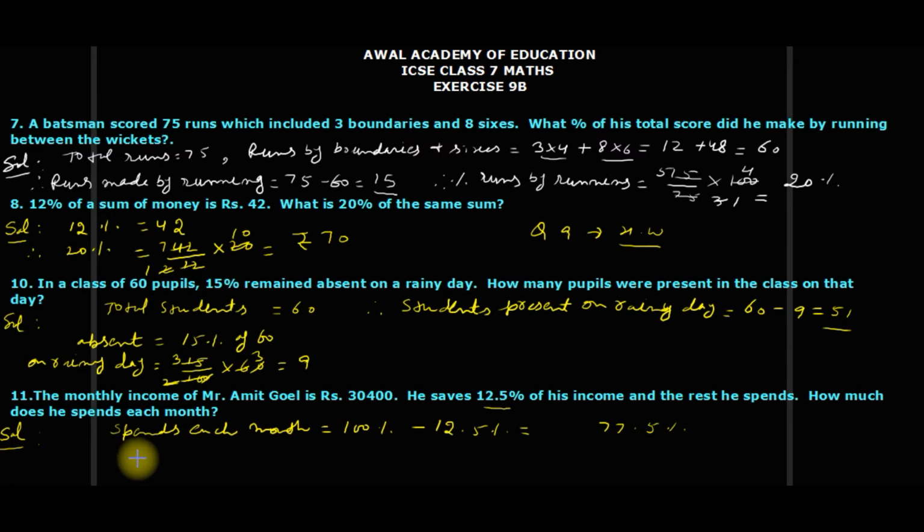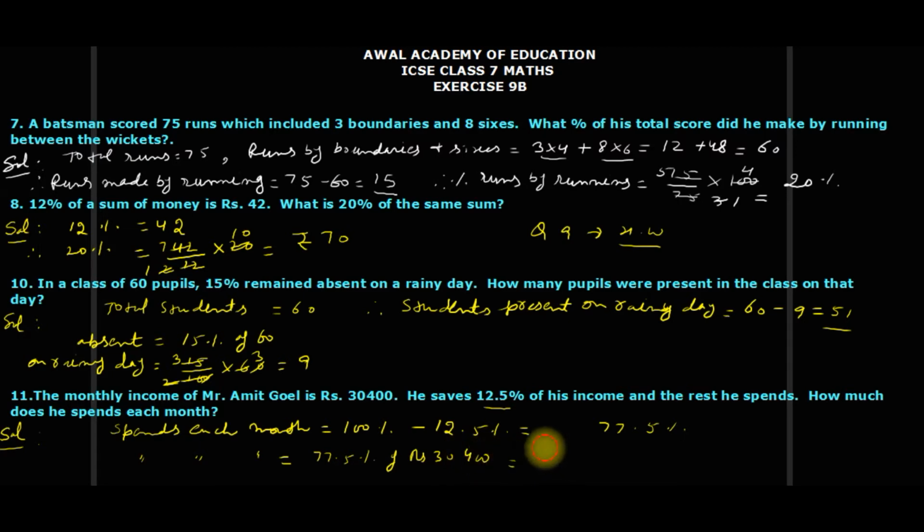Therefore, spends each month equal to 77.5% of rupees 30,400.